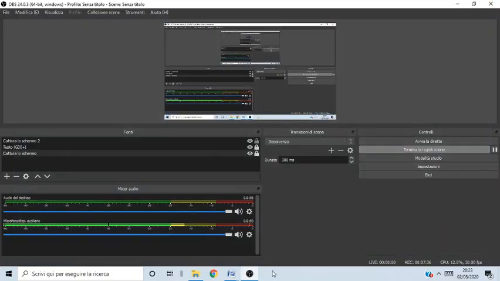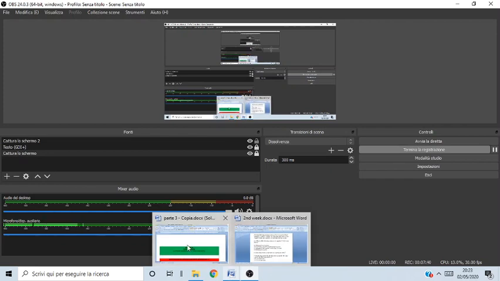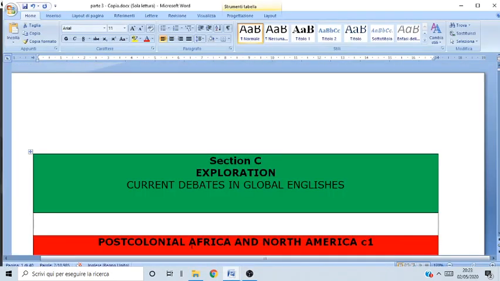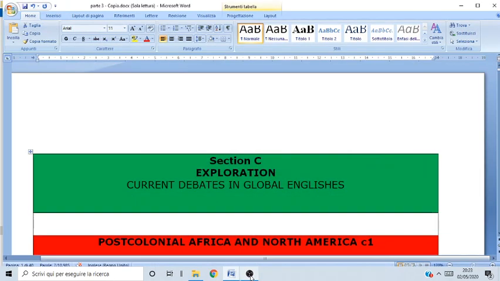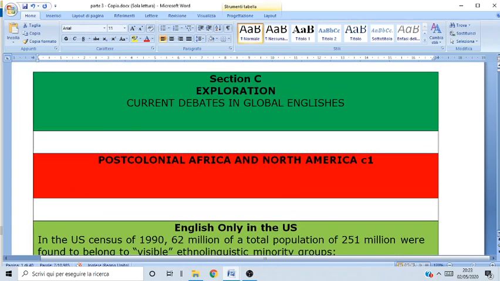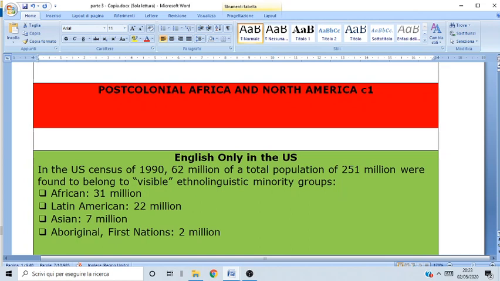Now, let's go forward to section C, current debates in global Englishes. More specifically, today we're going to talk about post-colonial African and North American varieties of English.